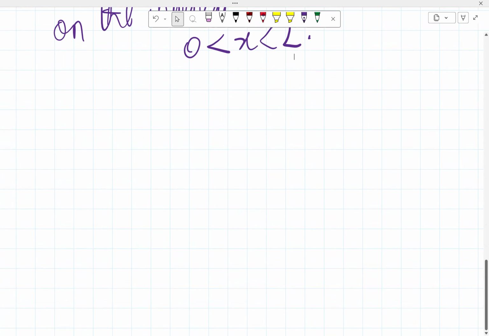First thing, we need to remind ourselves of the Fourier sine expansion.